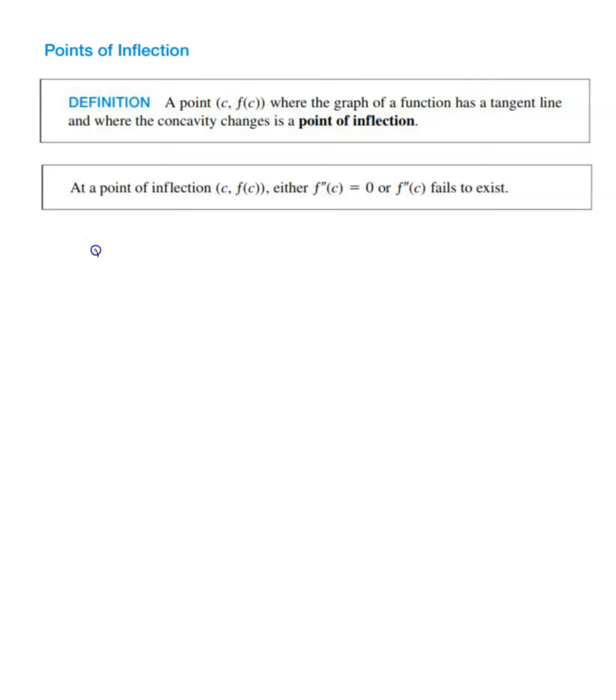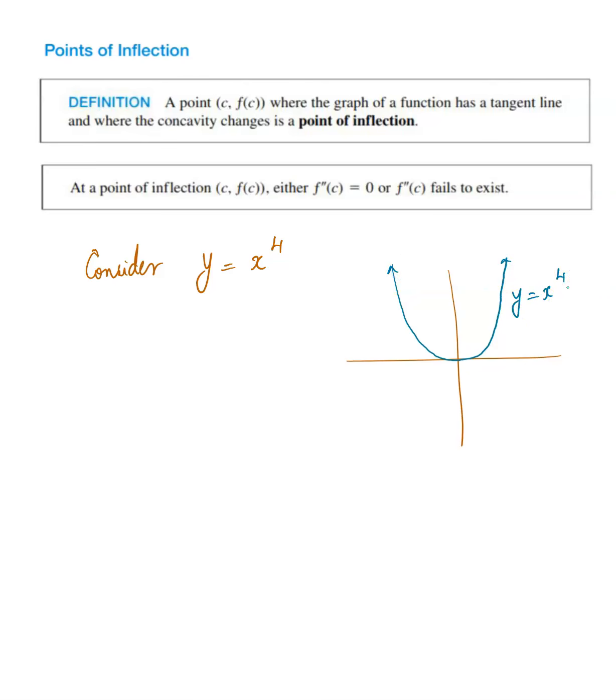Consider the graph of y equals x to the power 4. So y equals x to the power 4 is going to be like a parabola, but it's going to be really flat at 0. Now, what happens to the concavity?